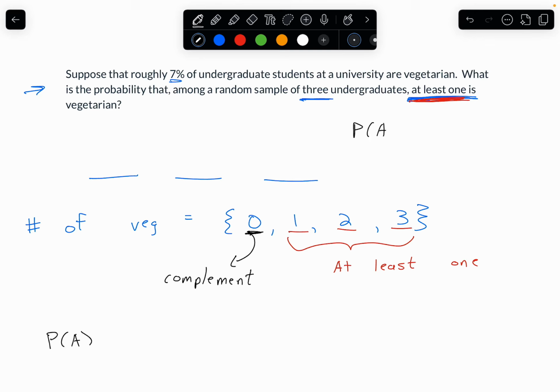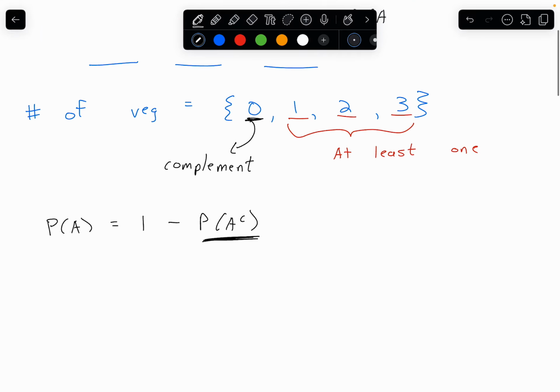The probability of an event can be found by 1 minus the probability of its complement. So if I can find the probability that there are 0 vegetarians, then I'll have my answer. I can just find 1 probability and then do a little bit of subtraction at the end. So the complement then is 1 minus the probability of 0 vegetarians.